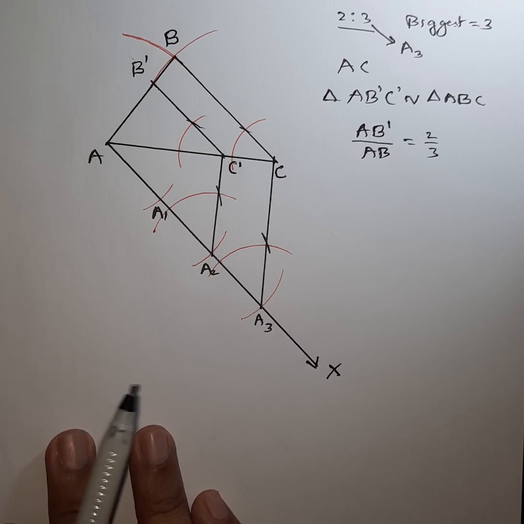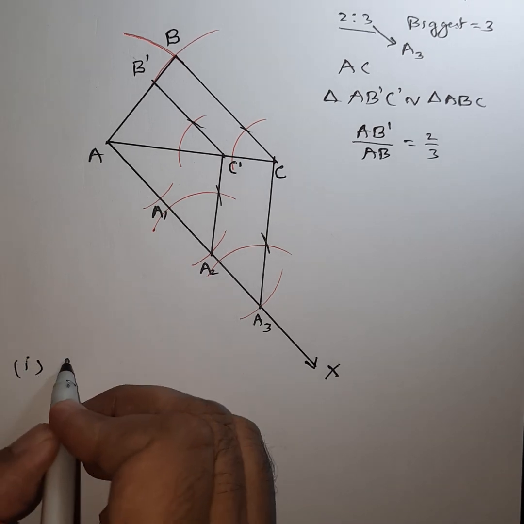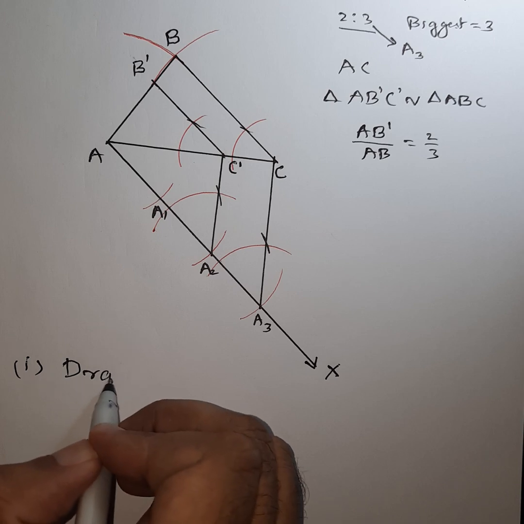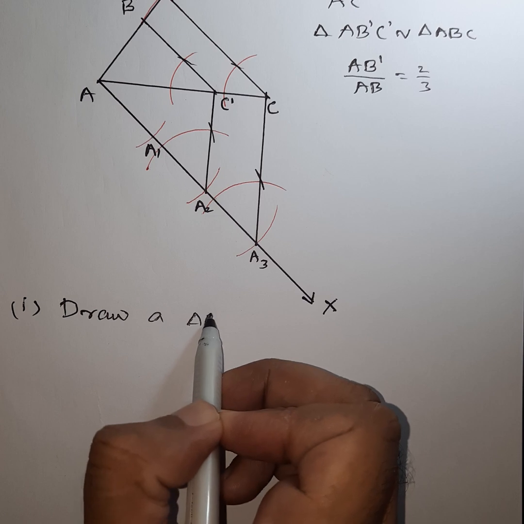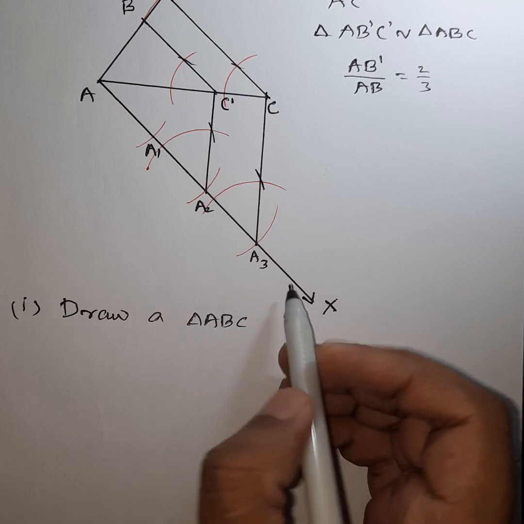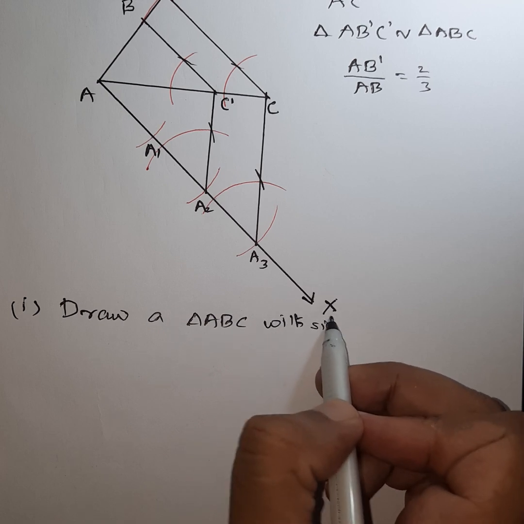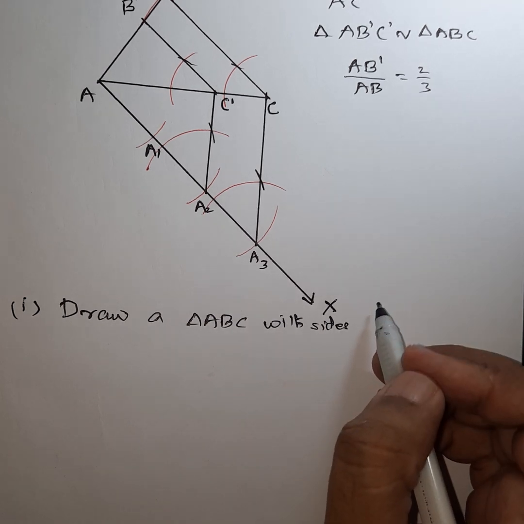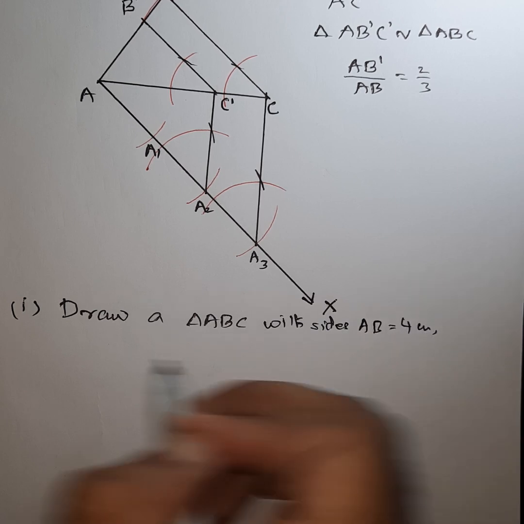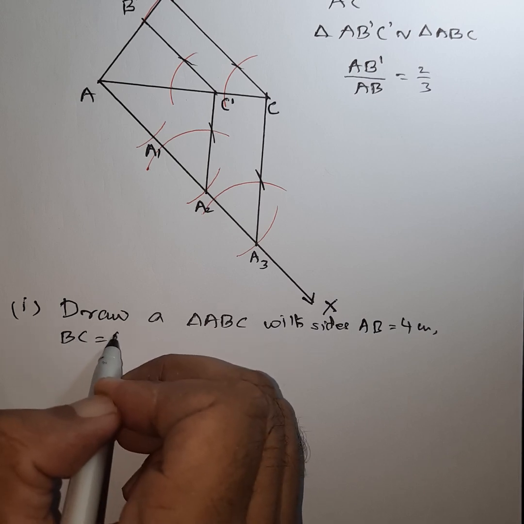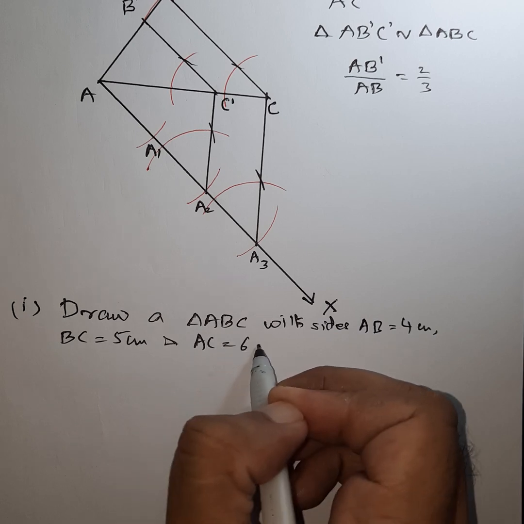The first step: draw a triangle ABC with sides AB equal to 4 centimeters, BC equal to 5 centimeters, and AC equal to 6 centimeters.